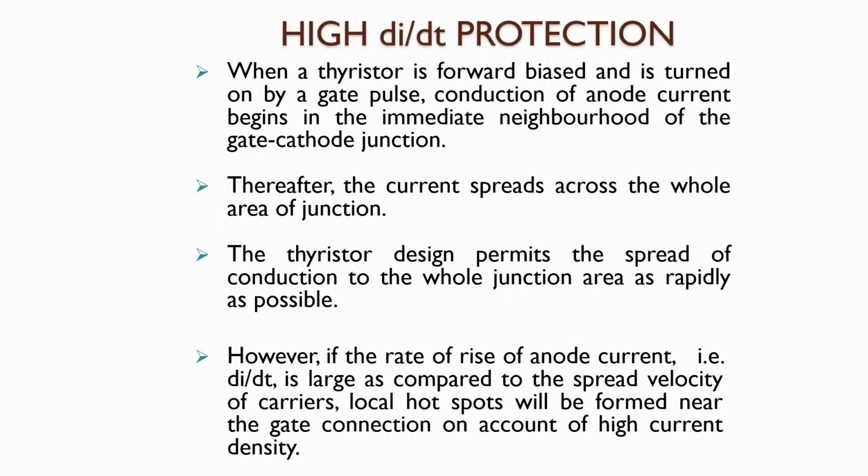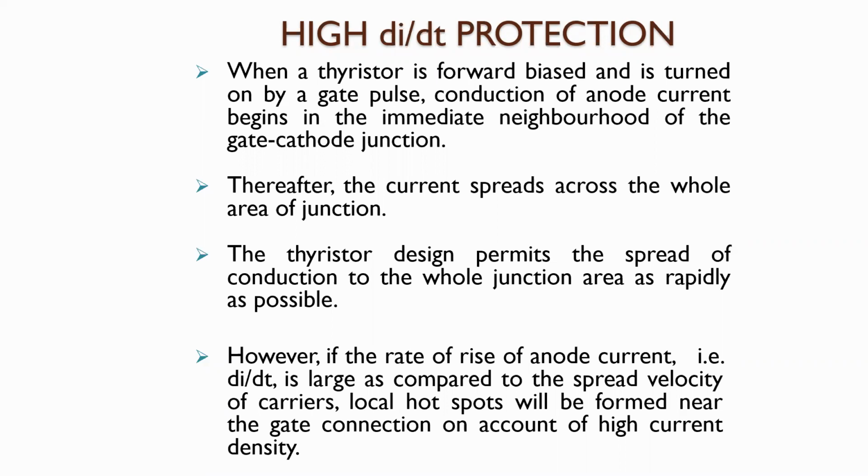What is high di/dt protection? Whenever a thyristor is forward biased and turned on by a gate pulse, conduction of anode current begins in the immediate neighborhood of the gate cathode junction. Thereafter, the current spreads across the whole area of the junction. A thyristor design permits the spread of conduction to the whole junction area as rapidly as possible.